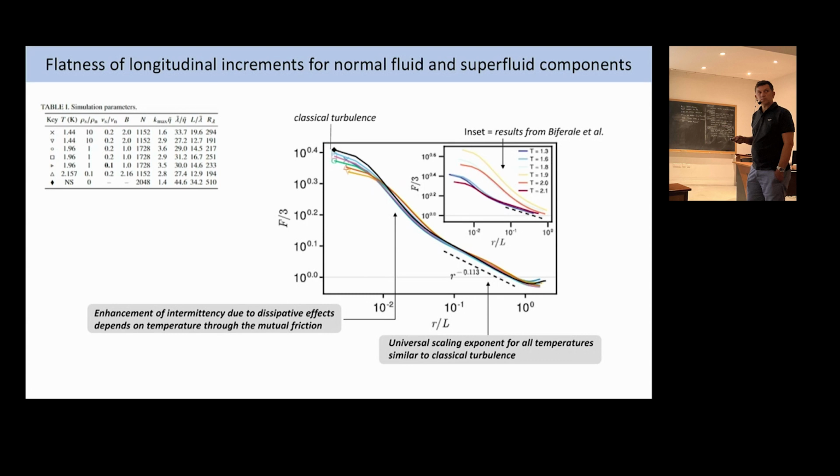So what we suspect from this very different result is that the range over which the scaling exponents have been measured is not exactly an inertial range, but a mix of dissipative and inertial range. So that's why it depends on the temperature.